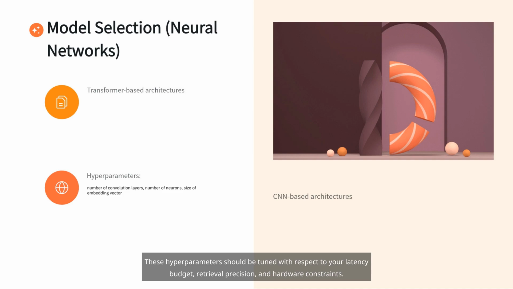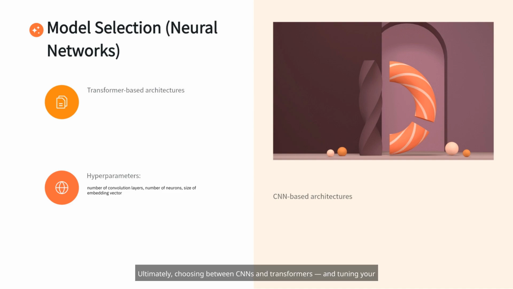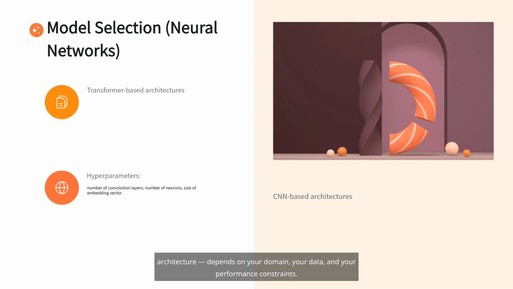These hyperparameters should be tuned with respect to your latency budget, retrieval precision, and hardware constraints. Ultimately, choosing between CNNs and transformers and tuning your architecture depends on your domain, your data, and your performance constraints. It's often best to start simple, e.g., ResNet, and iterate based on retrieval quality and deployment feasibility.